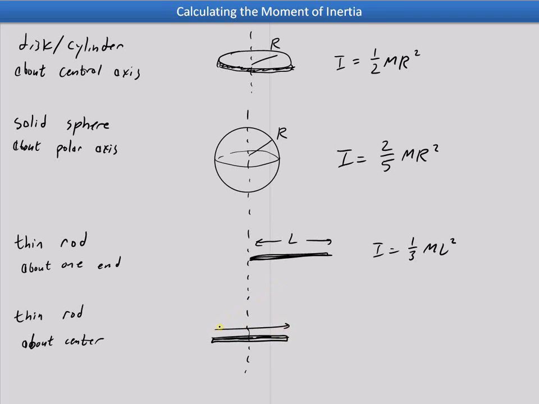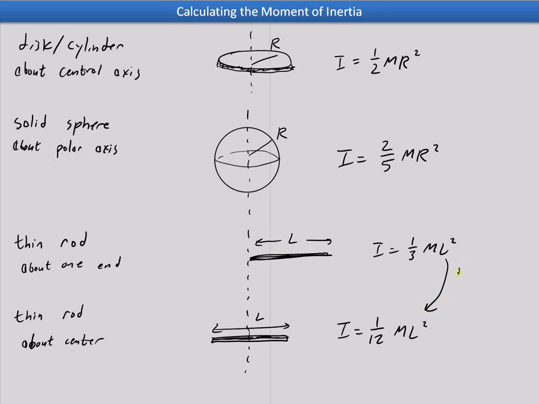So we'll keep the total length as still L. We've just moved where the rotation axis is, and in doing so we changed the moment of inertia. It's easier to make this thing spin because it has a smaller moment of inertia. It's 1/12 ML squared.